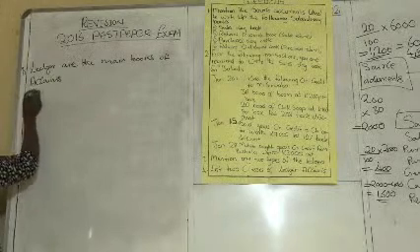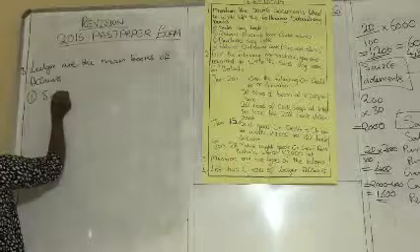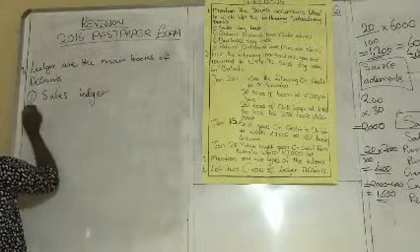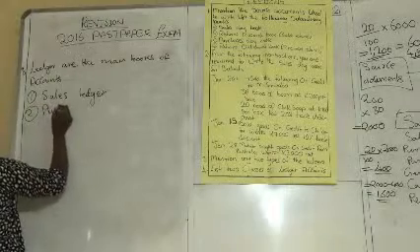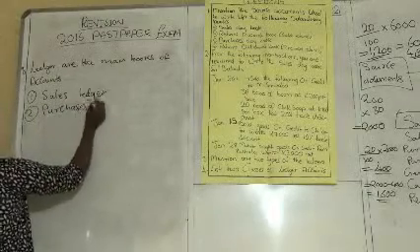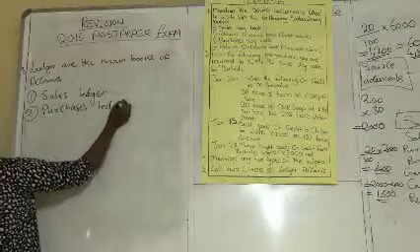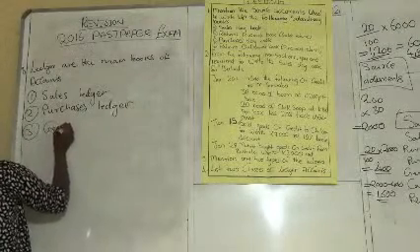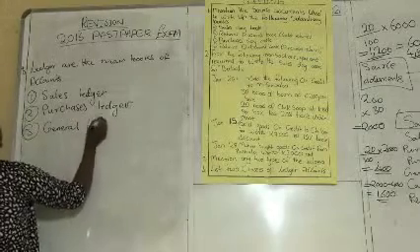The first one is the sales ledger. Second one, purchases ledger. Third one is the general ledger.